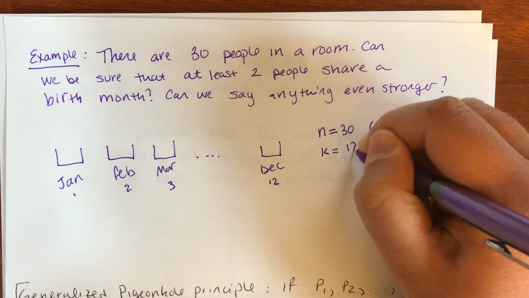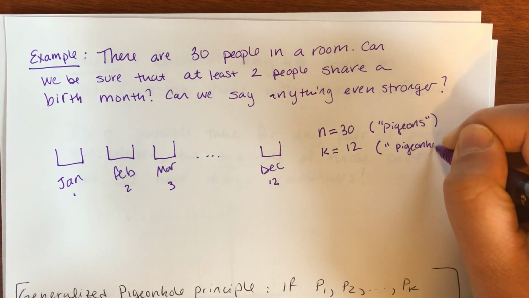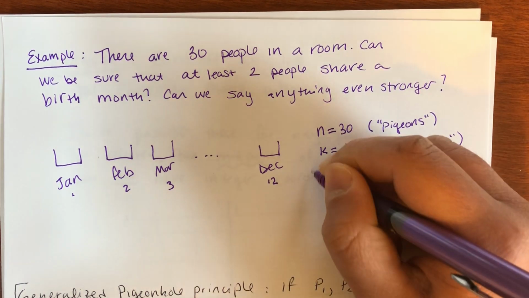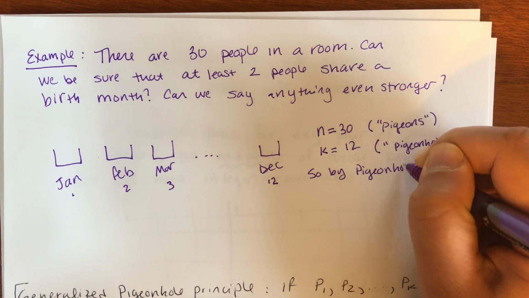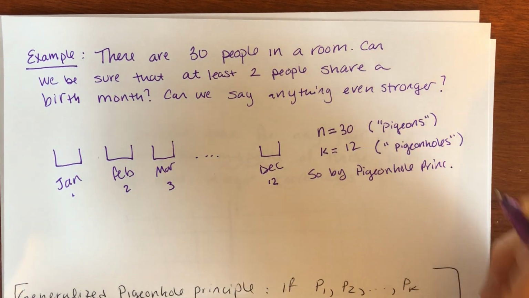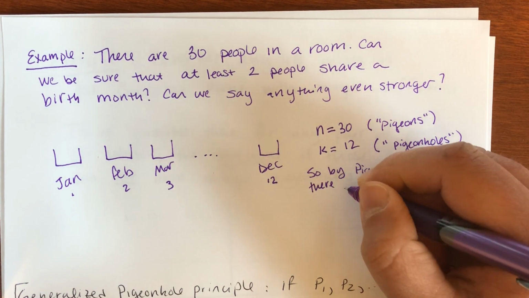And yes, of course, right? Our months are our pigeonholes. There's only 12 of them, but there's 30 people. So by the pigeonhole principle, there's going to be at least 1 month with at least 2 people sharing that birth month.